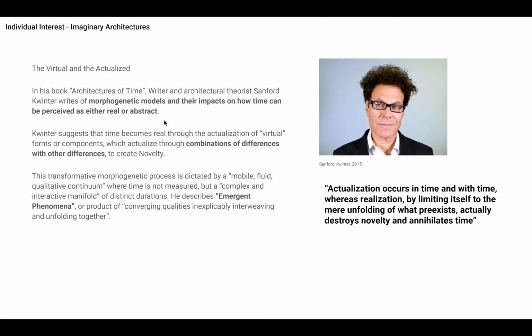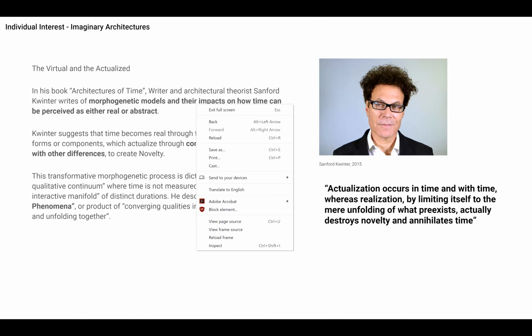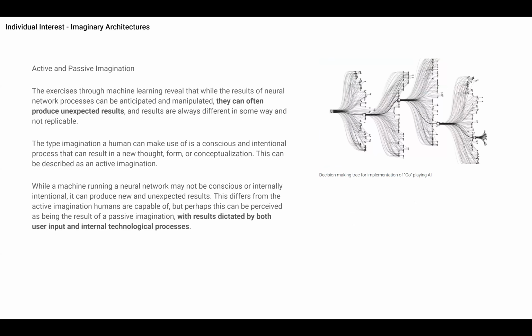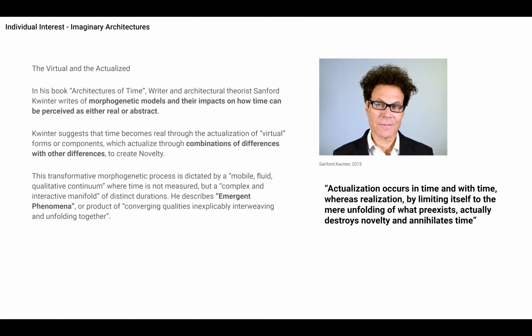If we go to the next slide, Andrew. This was from a reading I looked at early in the semester, from architectural theorist Sanford Kwinter. In his book Architectures of Time, he talks about two different morphogenetic models, or how ideas, components, and forms are created.